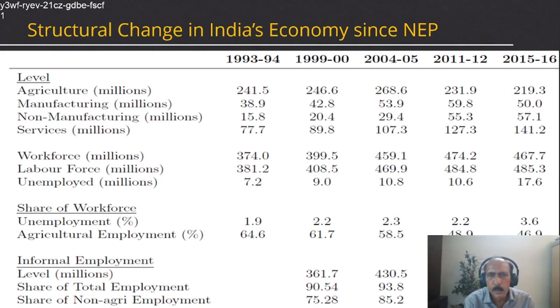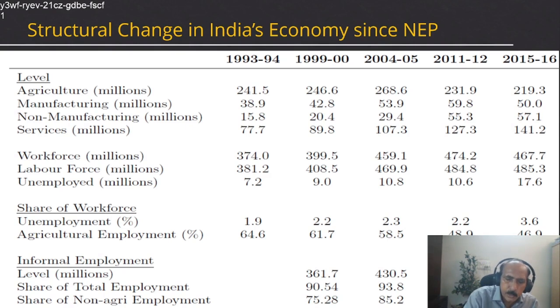And you see that the structural changes taking place in India are, of course, taking place, but at a very slow pace. You look at this table, which indicates the major changes which have taken place, particularly during the economic reforms regime.